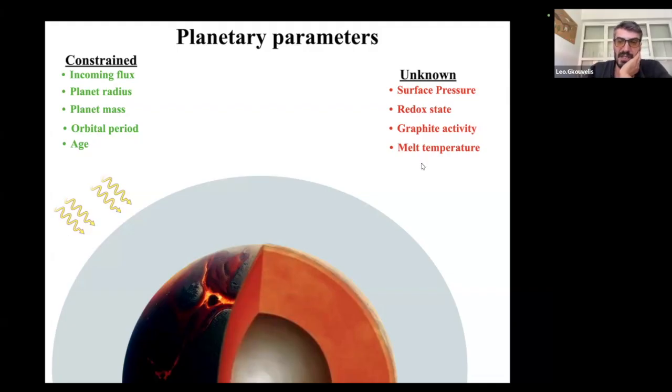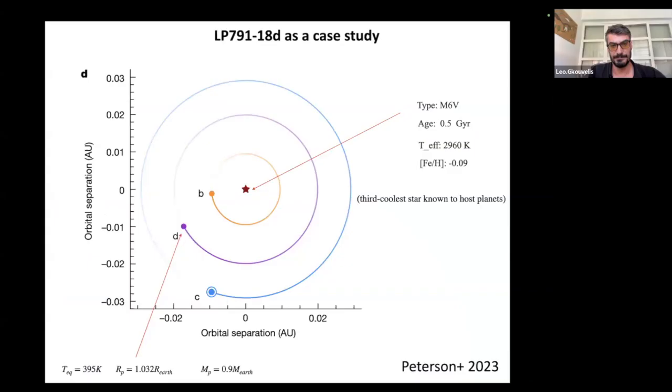So these are the big unknowns. There is no possible way at this point that somebody can have some constraint on this. So what we can do is a parameter exploration. But now what I'm going to show you is that we can play a trick: we can choose a specific planetary system correctly, so we can reduce these parameters, if we have some constraint on the interior or the melt temperature. How can we do this?